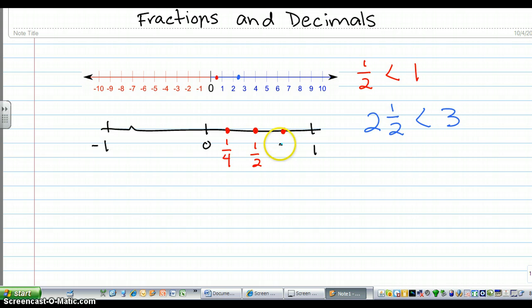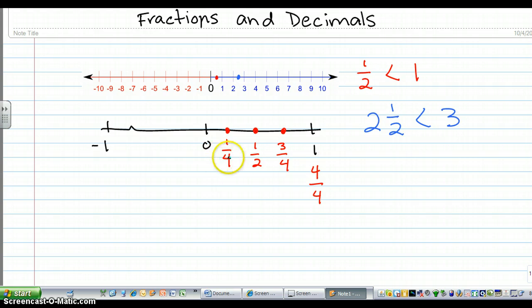So 3/4 would be right there, since I divided from 0 to 1 into 4 parts. 1, 2, 3, and then 4/4 is another way of saying a whole number, which is 1.